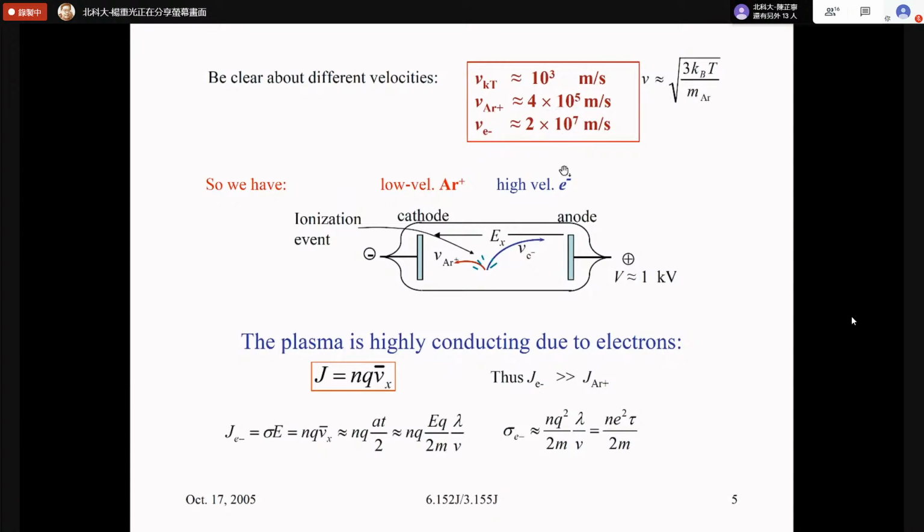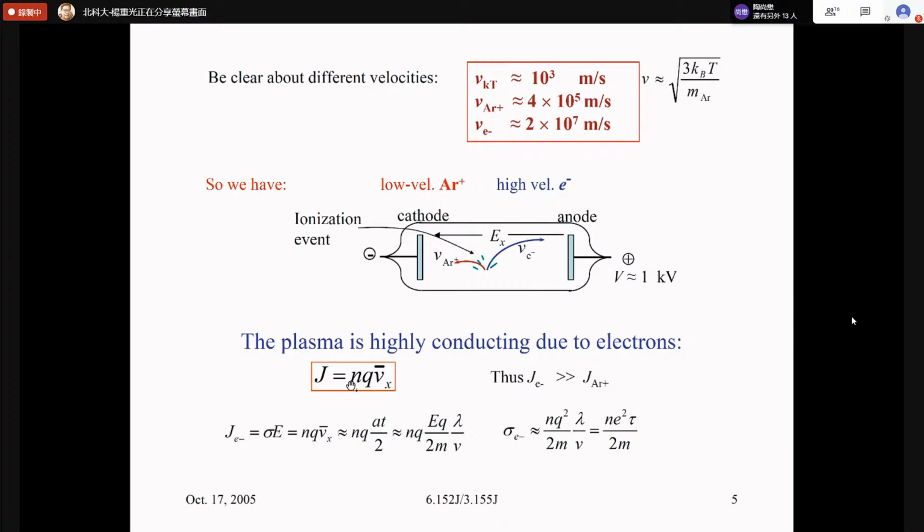Since we have a lower velocity of argon and a high velocity of electrons, the gas will ionize, and the plasma is highly conducting due to the electrons.